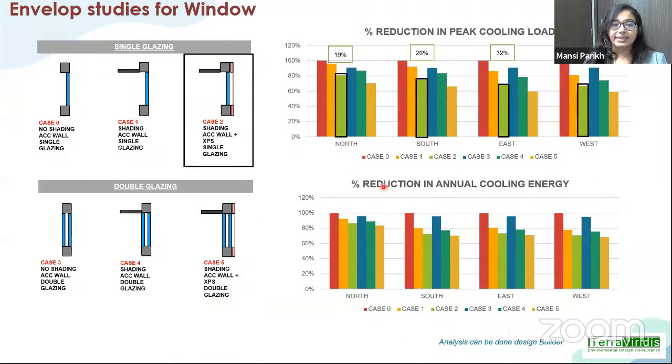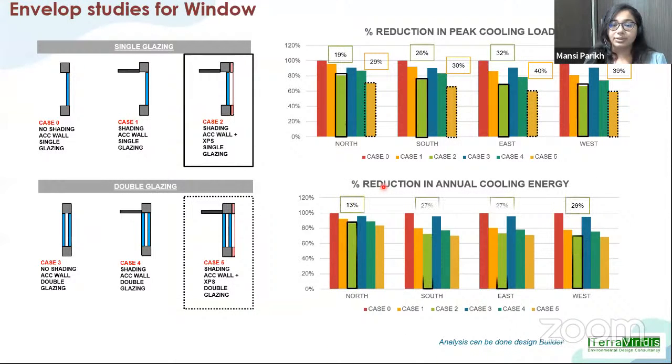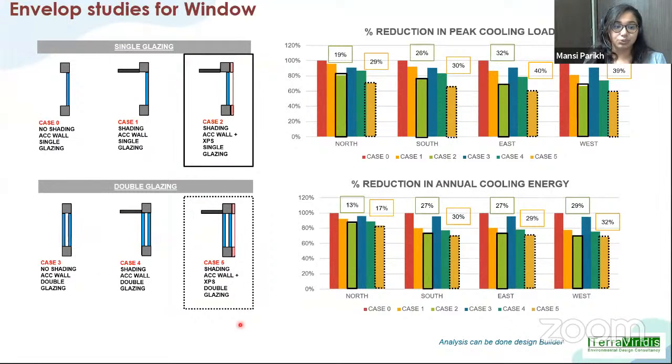Case 2 and case 5 both work the best for both single as well as double glazing units, since they have the maximum amount of reduction in terms of peak cooling loads and in terms of annual cooling loads. However, case 5, which is a DGU with insulation as well as shading, works the best in this case, which has maximum reduction of annual cooling energy and peak cooling energy in all the directions.